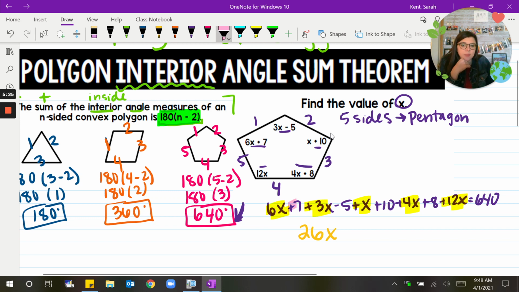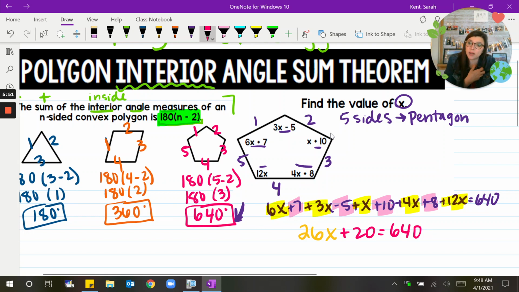And then I'm going to take all of the whole numbers, plus 7, minus 5, plus 10, plus 8, and put all those together. 7 minus 5 is 2, 2 plus 10 is 12, 12 plus 8 is 20. So now it's a little bit shorter. You can again take this and put it in Numeric Solver.